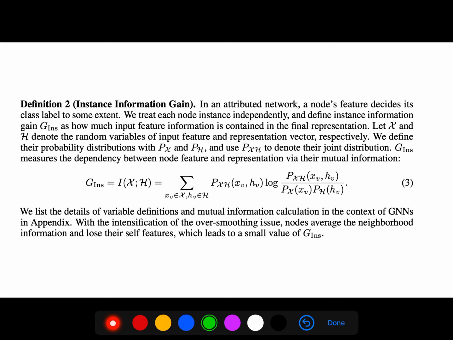We define their probability distributions P sub x and P sub h and their joint distribution. So G measures the dependency between node features and representation via their mutual information.